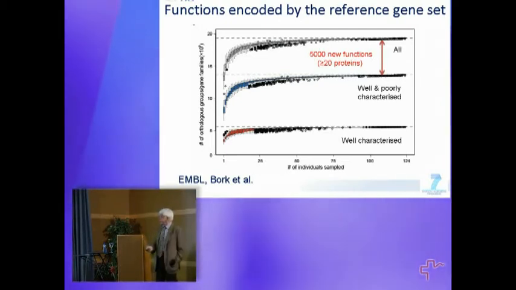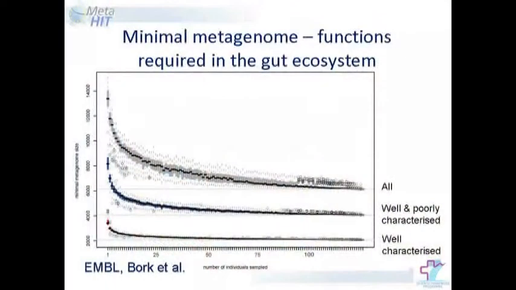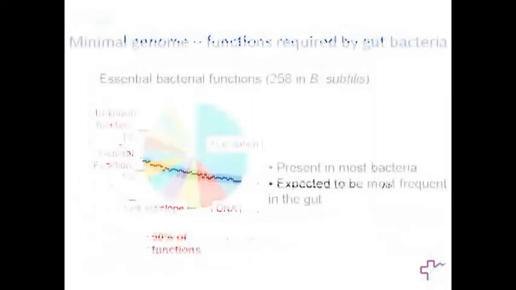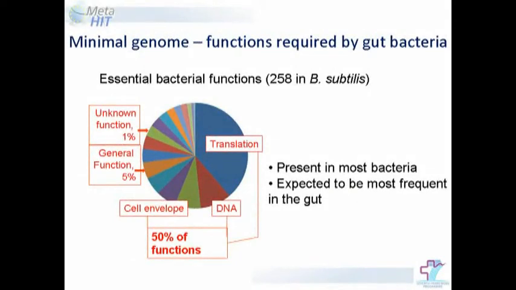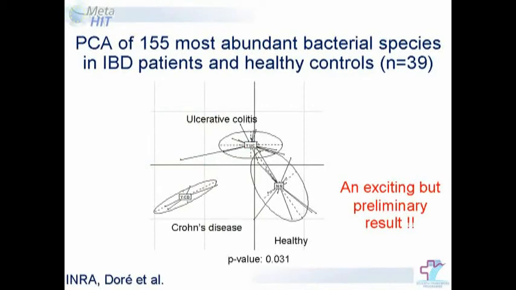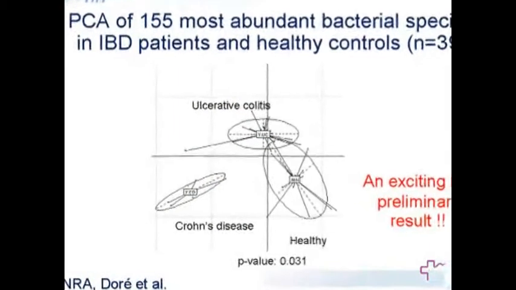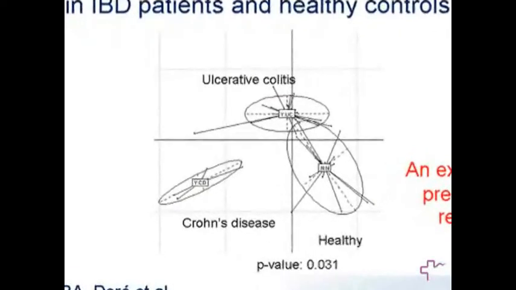Maybe just flash this thing for you. We can distinguish quite well healthy people from ulcerative colitis and Crohn's disease people. This is very exciting, but quite preliminary. And the take-home message is that we have means to constitute genes in metagenomic analysis by short reads.